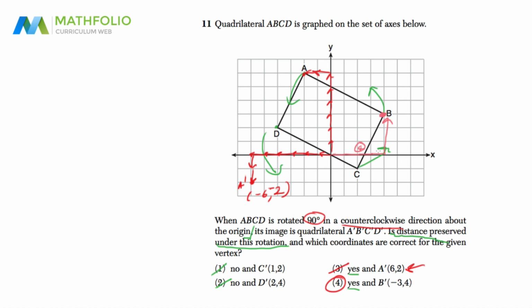So when it goes counterclockwise 90, it goes 4 up and 3 over. So this point here is the new B prime, which is -3, 4. And that's exactly what we have over here. So 4 was our correct answer.